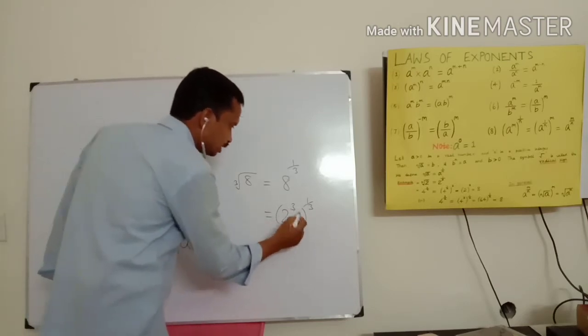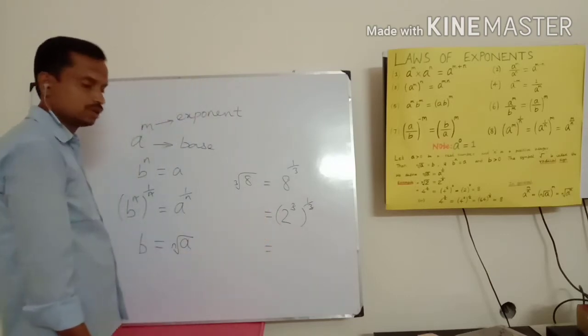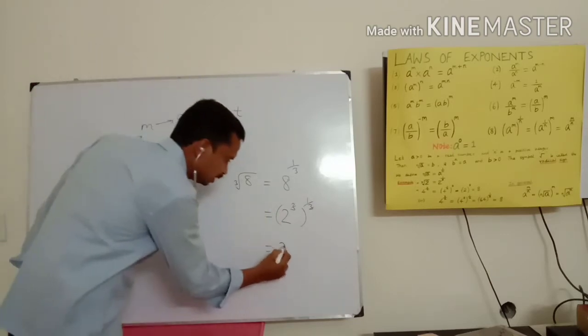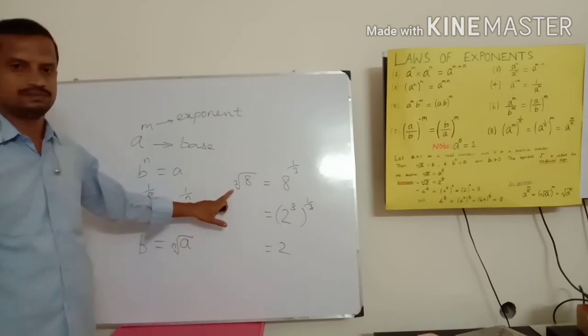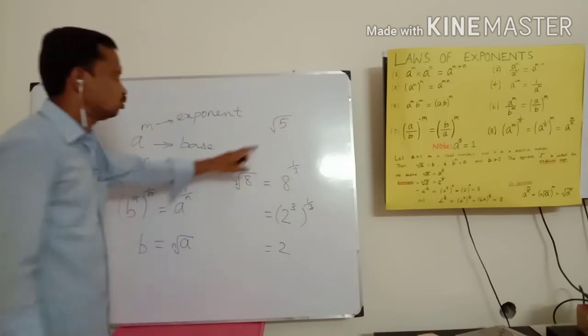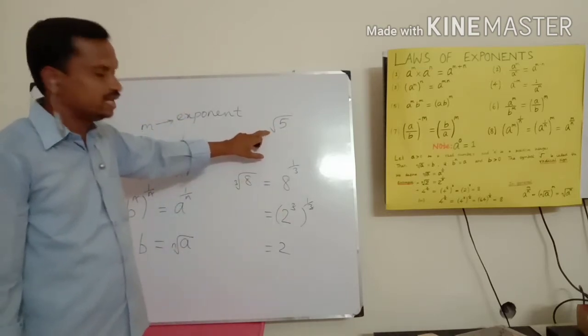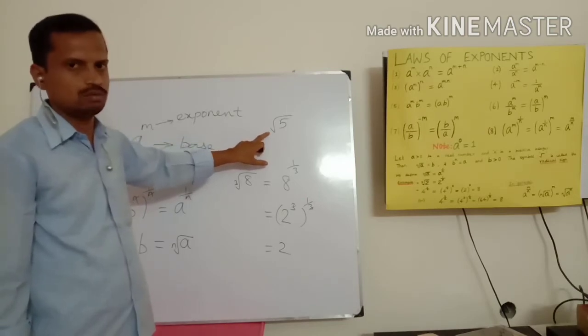If we multiply, what happens? 3 gets cancelled, and it comes as 2 power 1, which is nothing but 2. So like that, here we say cube root of 8, and simply if you put root 5, and there is no nth root, it means square root of 5.